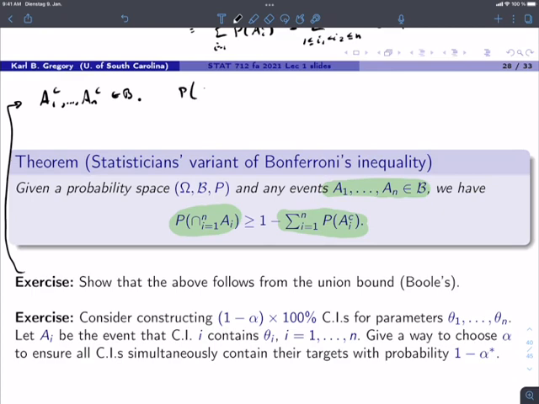I know the probability of the union of these complements is less than the sum of the probabilities of the complements. This is just the union bound.